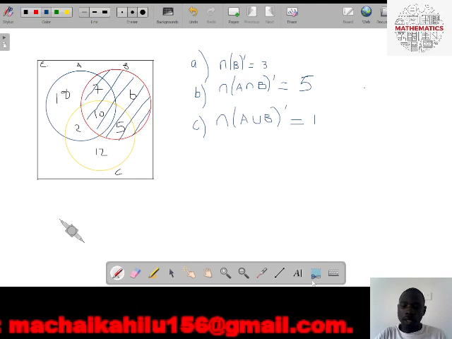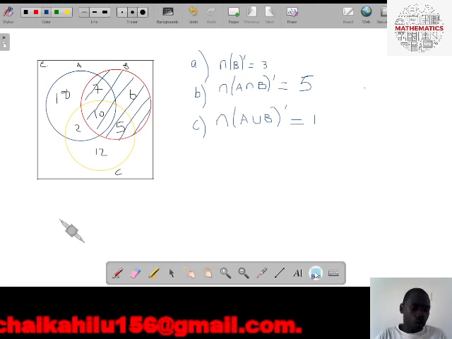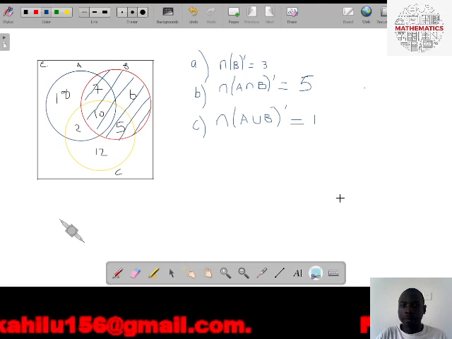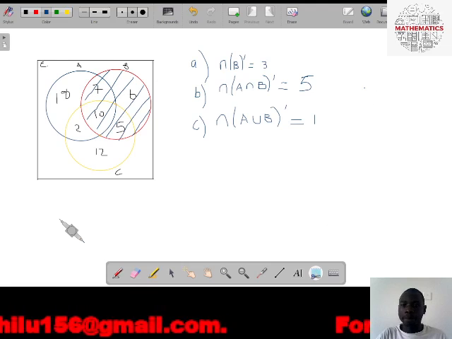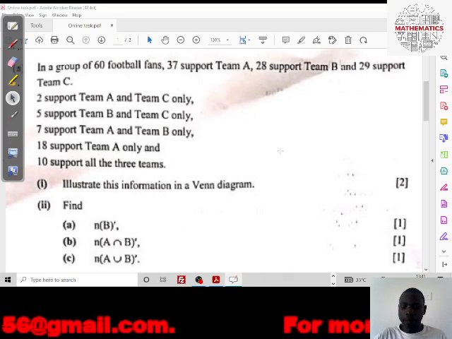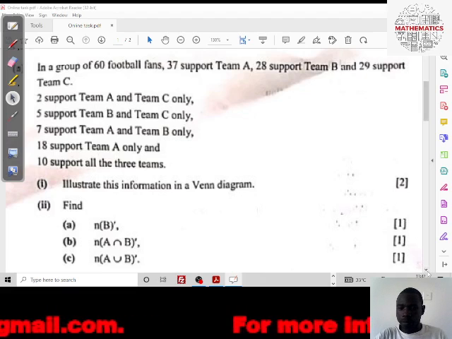Okay, so that is question 1. So let's go to question 2, which involves matrices.